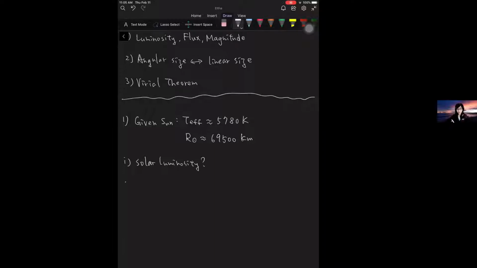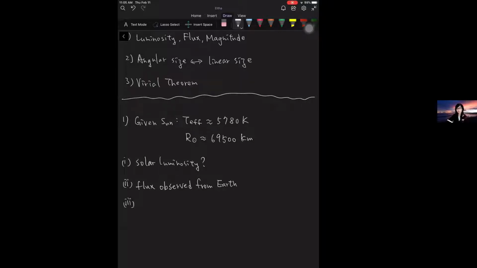Okay, and also we can calculate the flux observed from Earth. And then we can also calculate the apparent and absolute magnitude of our sun if we are using the Vega magnitude system and if we know the information of Vega.